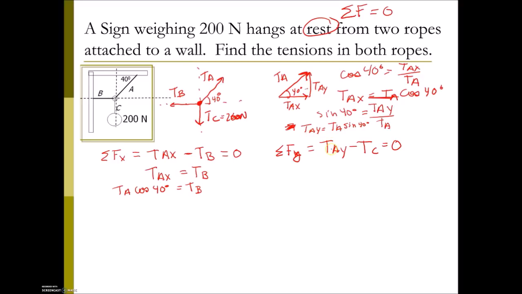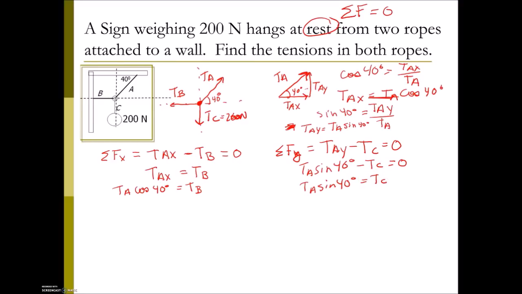All right, so let's plug in for TA. So we have TA sine of 40 degrees minus TC is equal to 0. And so that means that TA sine of 40 degrees is equal to TC.